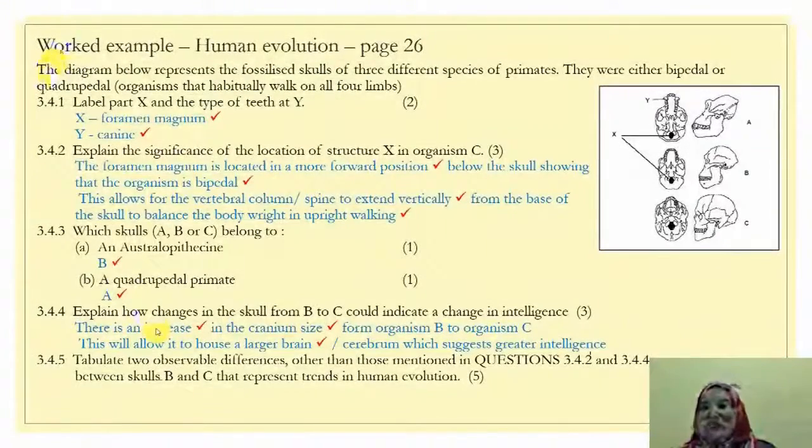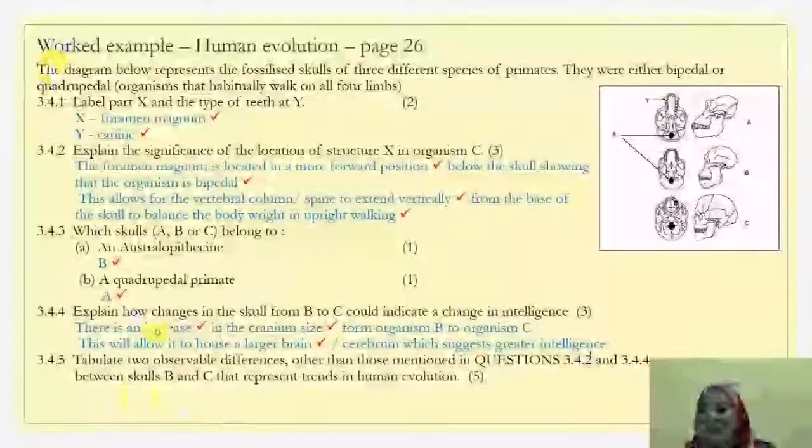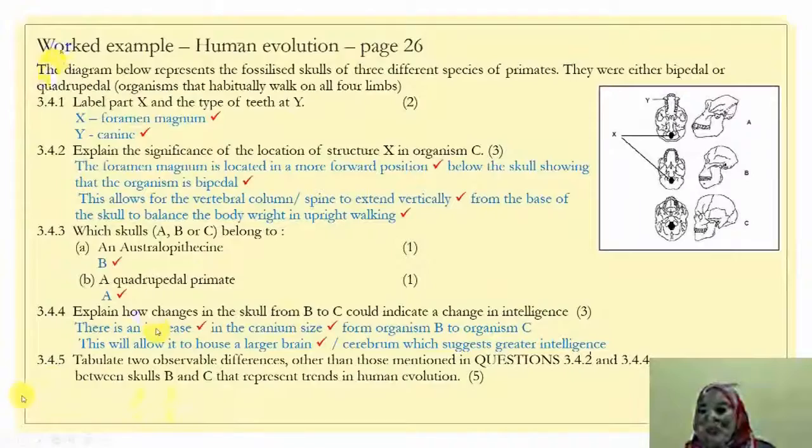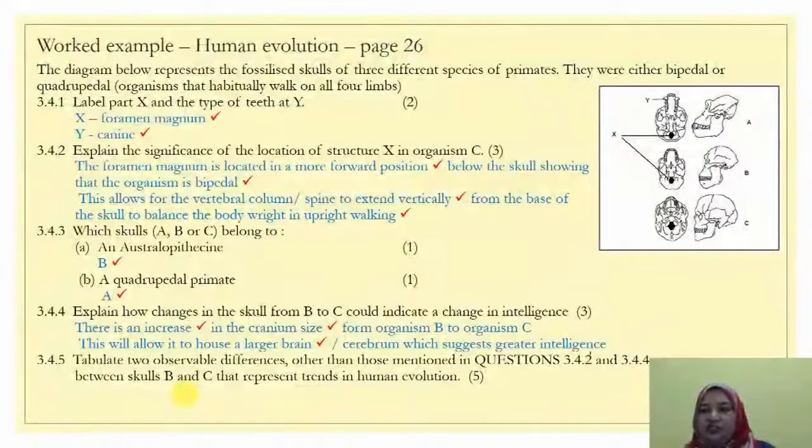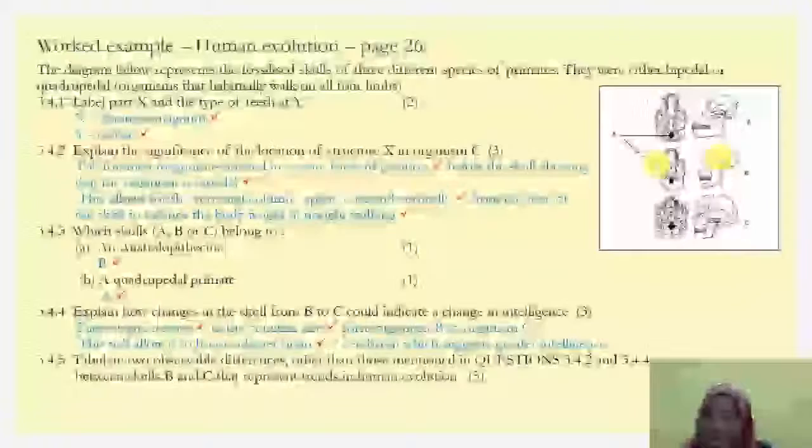Tabulate 2 observable differences. Remember I said, look at it, it has to be observable. That's what I can see in the picture, other than those mentioned in 3.4.2 and 3.4.4. So we can't mention the cranium and we can't mention the foramen magnum between skulls B and C. So what do I notice?